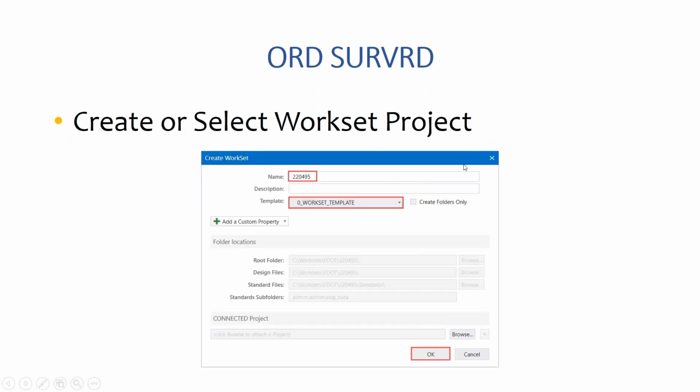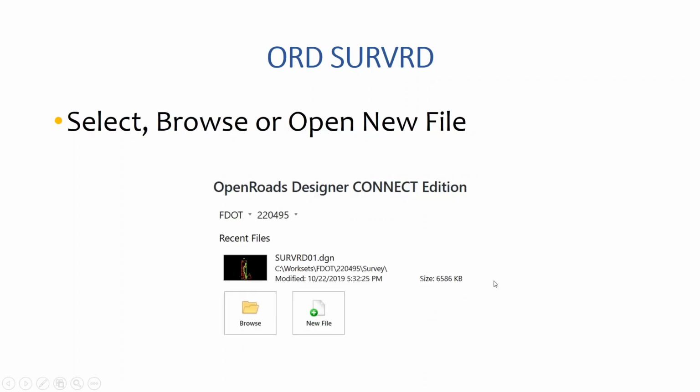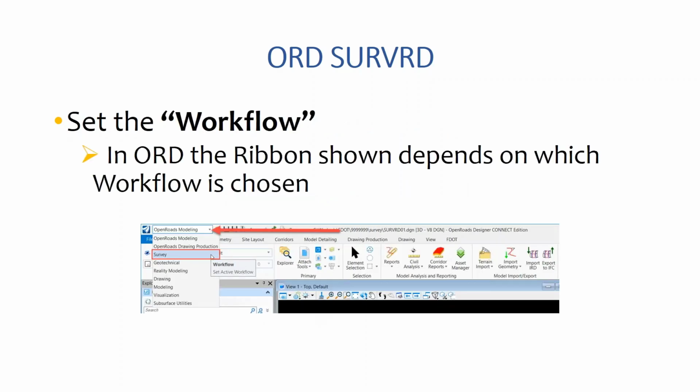And if you do create a work set, you'll put in the number and then use the work set template and hit OK. Or you're going to select and browse to an existing file. In this case, we're going to be using the Wakulla training data set, and this is the survey, the SURVRD 01 for that data set, so I'll be opening up and taking a look at it.